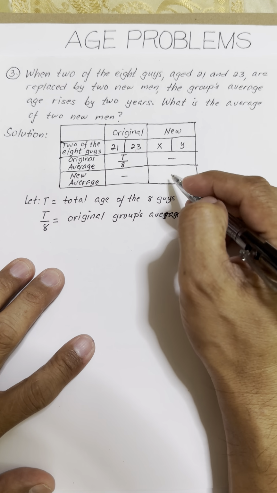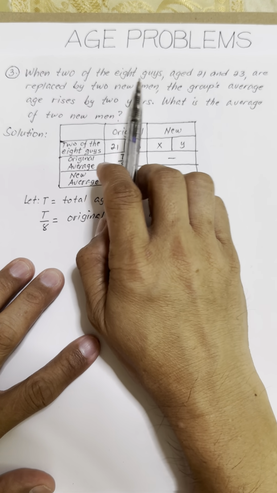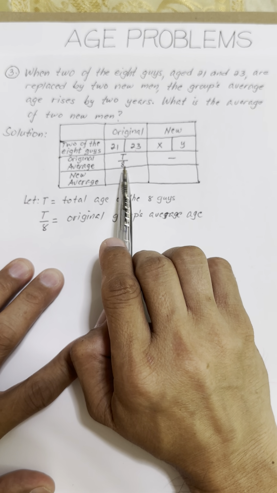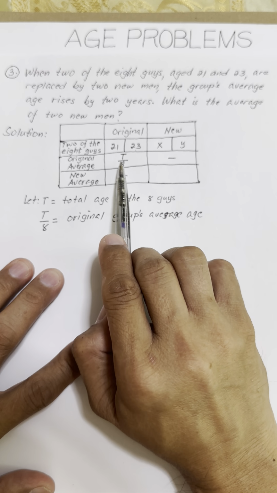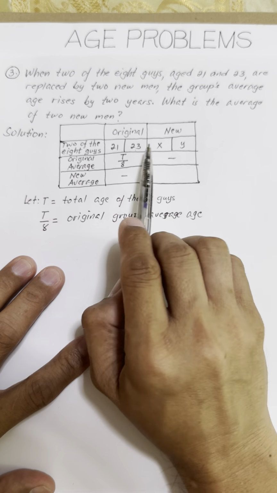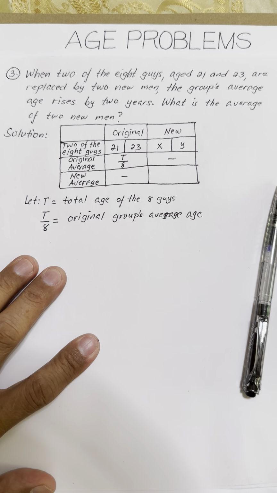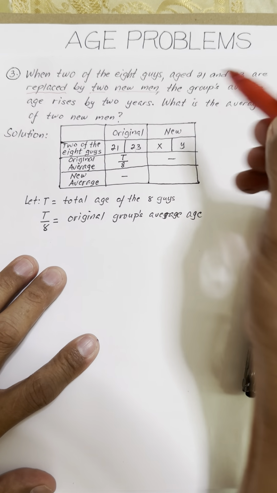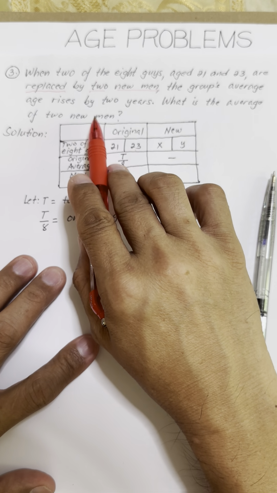For the new average, it says that when 2 of the 8 guys aged 21 and 23, who are part of the original group, are replaced by 2 new men, represented by x and y, the group's average age rises by 2 years.